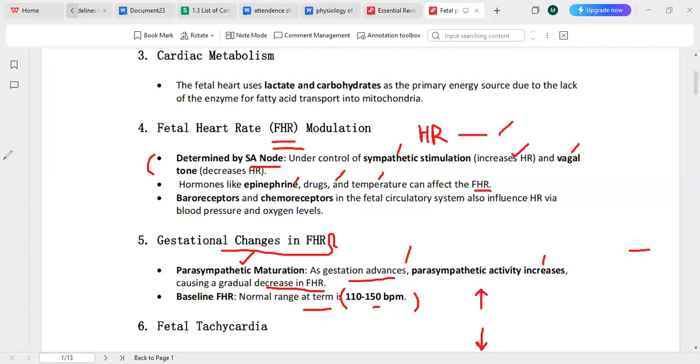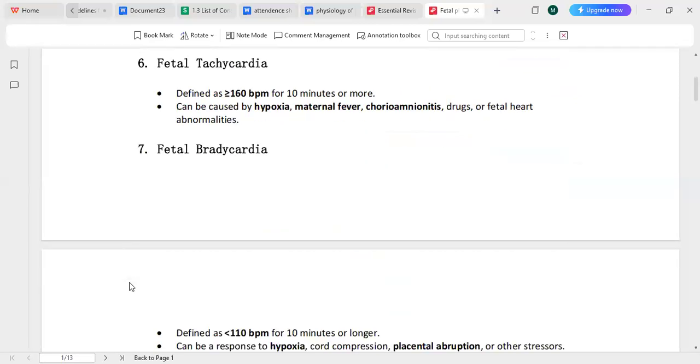Well done. So we want to know why a fetus shows tachycardia and why a fetus shows bradycardia. If we get this reading for 10 minutes or more, we call it fetal tachycardia, and it happens due to hypoxia, maternal fever, chorioamnionitis, drugs, or fetal heart abnormalities.